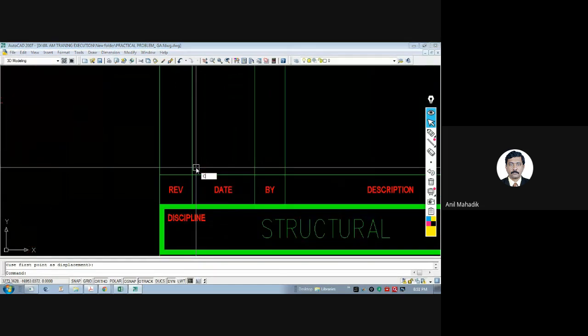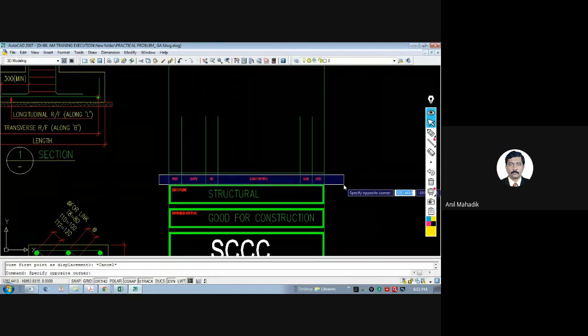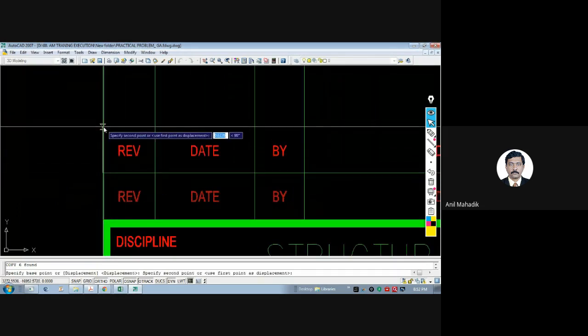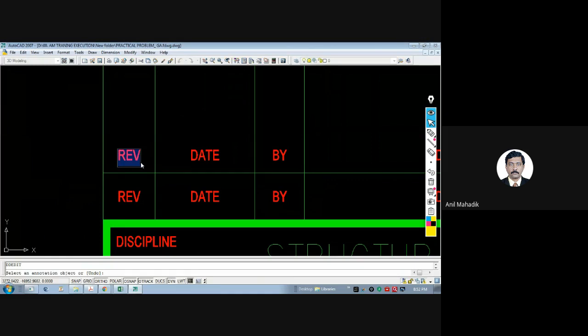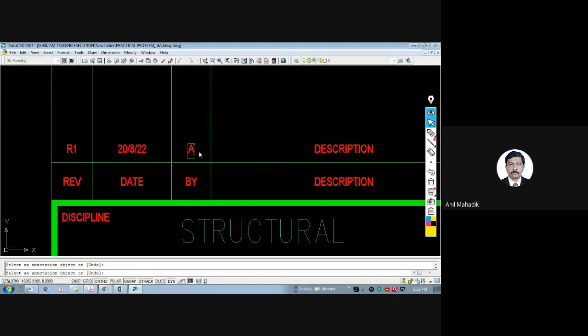So there is some revision. What can you do? You go and press this here. R1, so there is one revision. Then let's say I have revised it on 20th of August. Who has drawn this? Let's say somebody, AS, has drawn this.